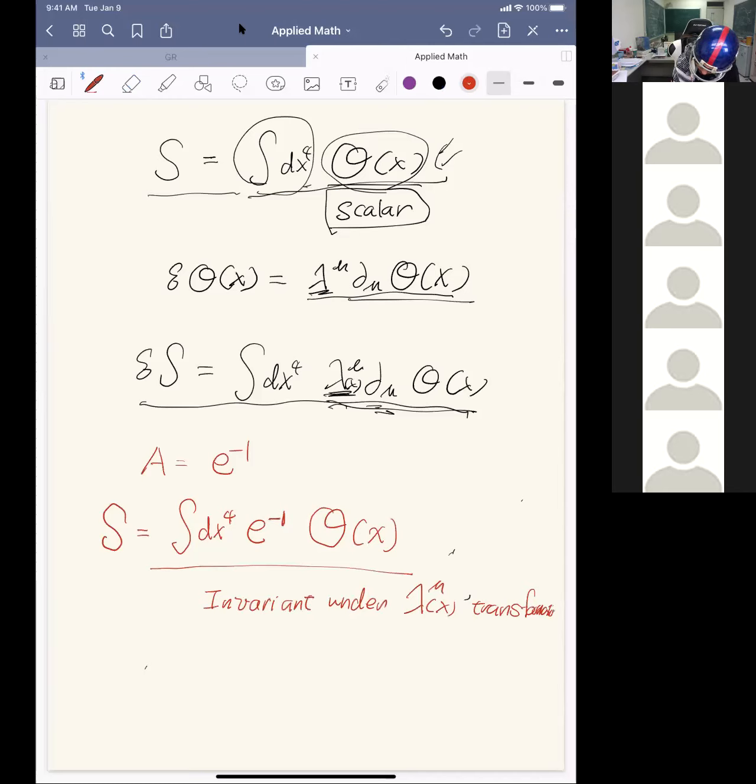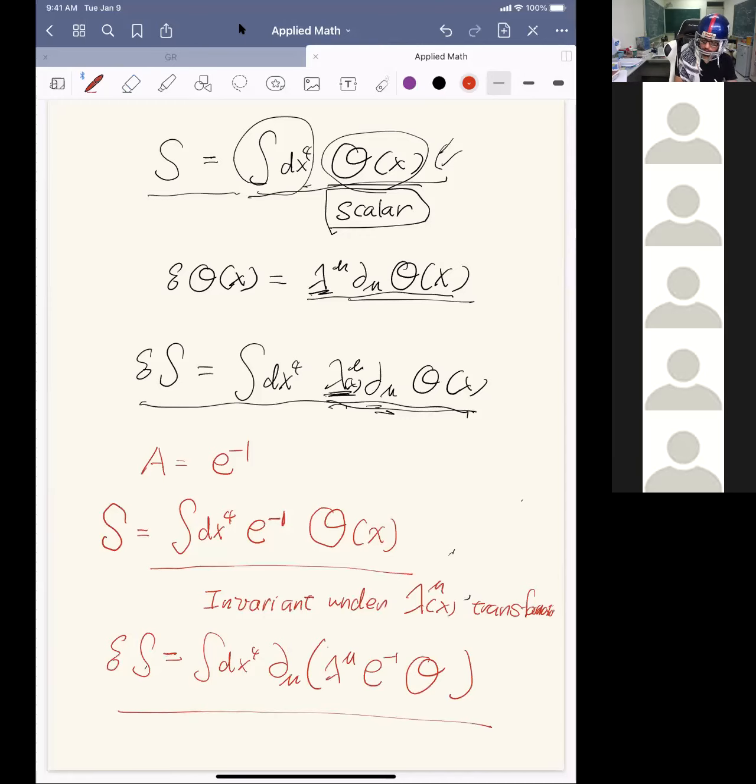In other words, the variation of S is going to be equal to the integral of dx for partial mu lambda mu e, sorry, partial mu. So it's a total derivative. Okay, so now we can write down anything we want here as long as it's a scalar operator.